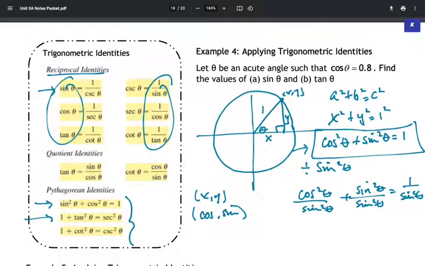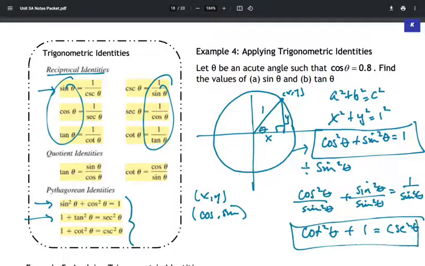So this will be cotangent squared theta plus 1 equals cosecant squared theta. And that's your last identity. So I'm kind of walking you through those because you'll have to remember them, so I want to make sure you know how to get them.